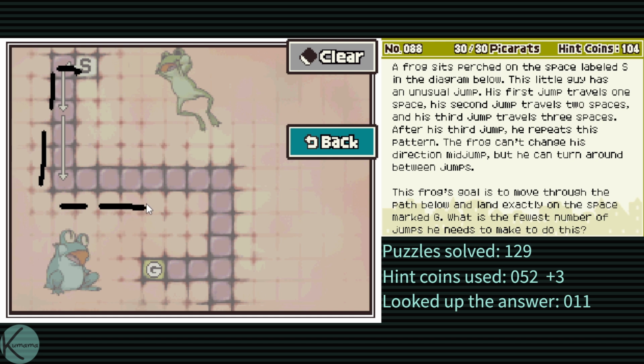So he lands here. Hang on. 1. Guess it'd be 1 from where you're starting, and then 1, 2, 3, and then 1, 2, 3, 4. I did this wrong again.